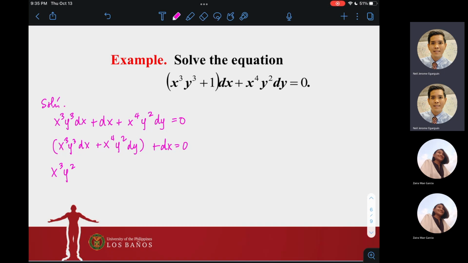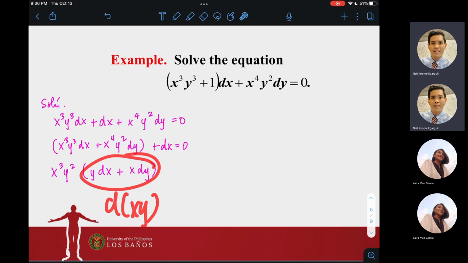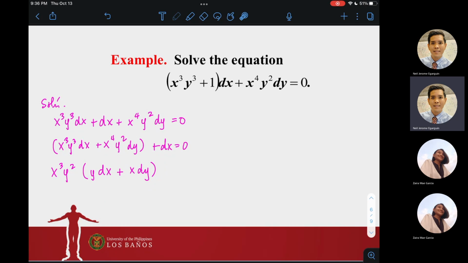All right? Pag finactor natin yung x cubed y squared, I'm praying na makakuha tayo ng isang form na nandun sa first, dun sa slide natin ng mga differential forms. Ano? So, here, ang matitira ay y dx plus x dy. And I'm happy with that because this is basically d of xy, right?